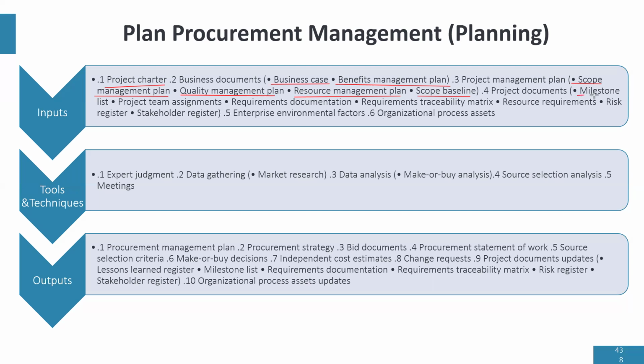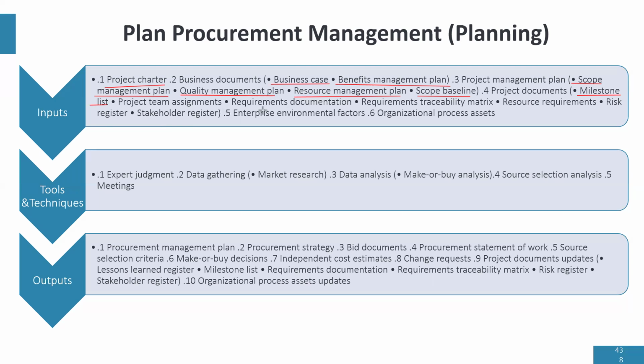This is very important to procurement because your vendors have to match your milestones. You don't want to hire a vendor that is now dragging the project back. Your vendors must be able to match up with your milestones. And if they are not able to, then you have to negotiate on the milestones.